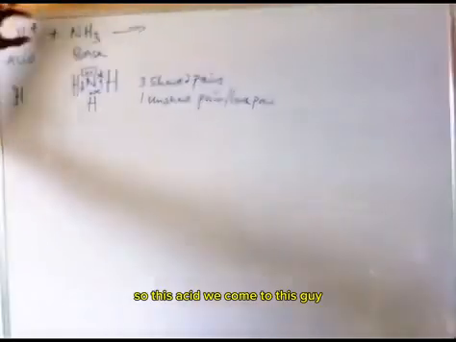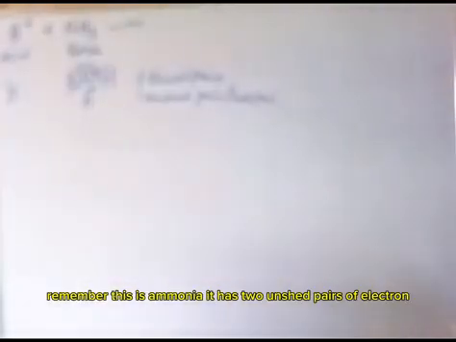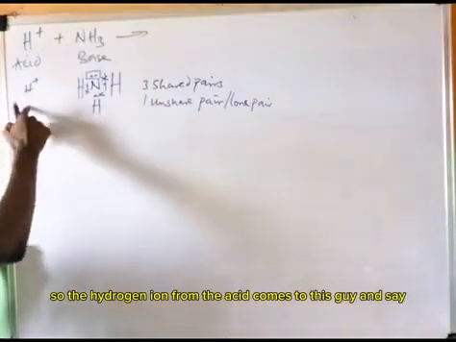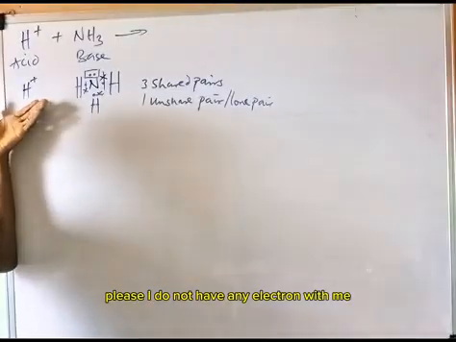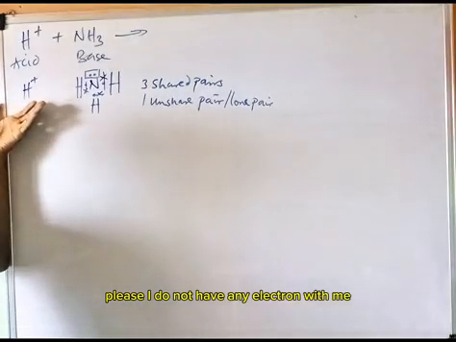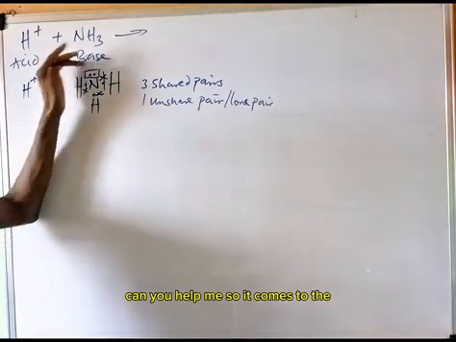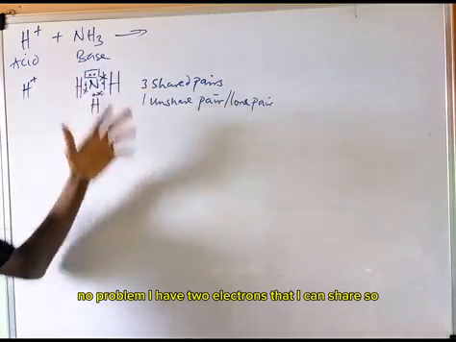So this acid will come to this guy. Remember, this is ammonia. It has an unshared pair of electrons. So the hydrogen ion from the acid comes to this guy and says, please, I do not have any electron with me. Help me, I don't want to go childless. Can you help me? So this guy says, oh, no problem, I have 2 electrons that I can share.